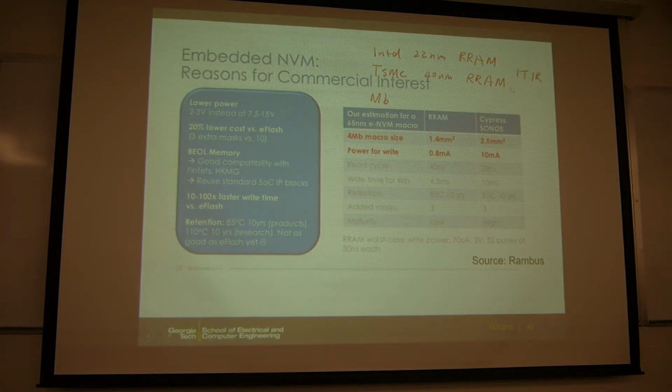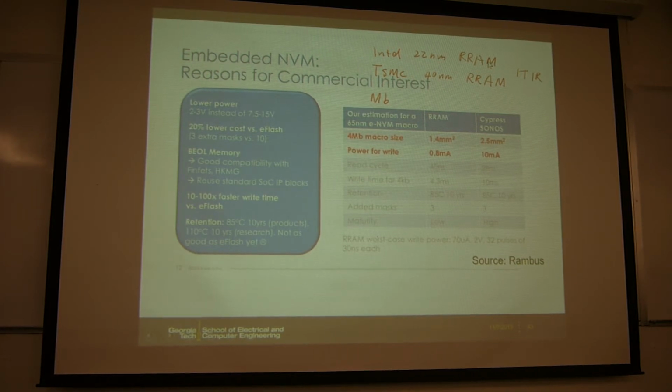So you care about the data retention. You need to evaluate the temperature of your chip, but generally, as we discussed, the guideline for non-volatile memory is that you need to maintain the data for 10 years at 85 degrees C. So if your product, the RRAM, can satisfy that requirement, then it should be okay.